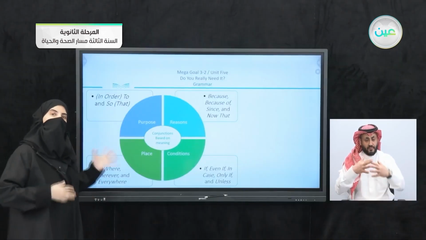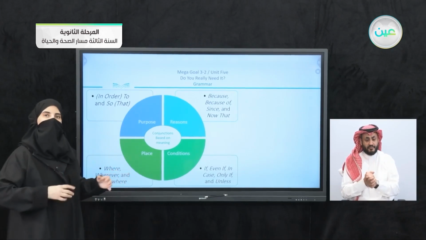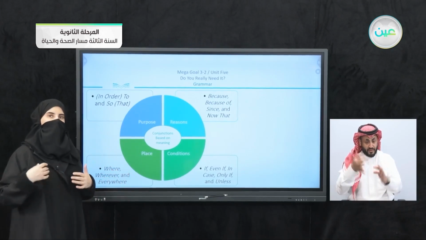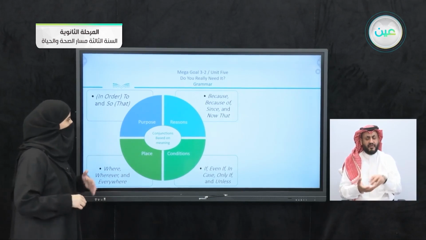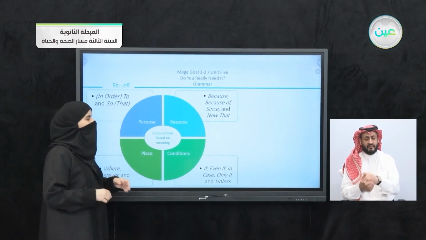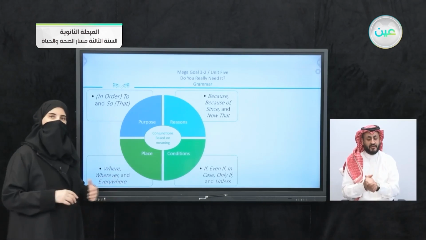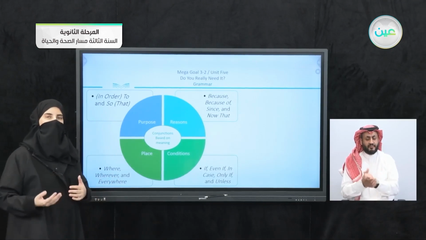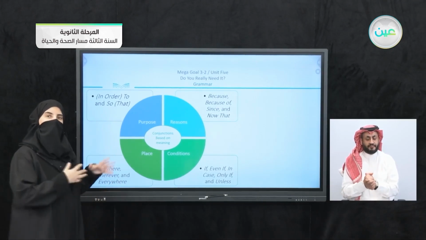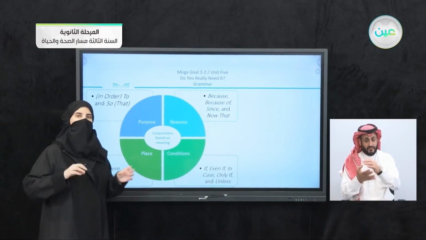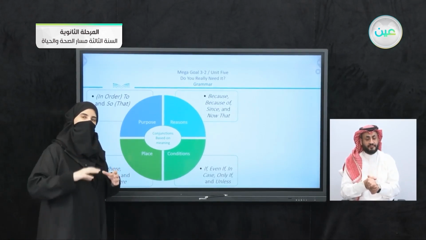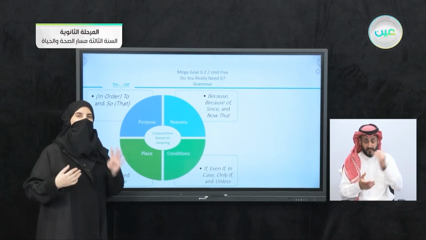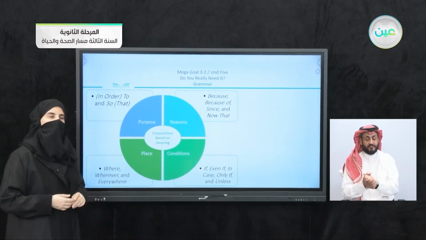You can use these conjunctions, the words that we passed by, either to refer to a place, or to give reasons, or to mean conditions, or to mean purpose. So they are the same words that we had in the box. Now we know that we have the conjunctions. If you can just recall that we divided them into these 4 parts.